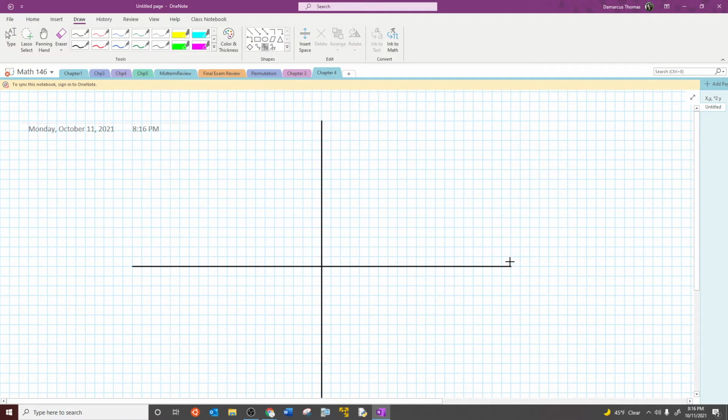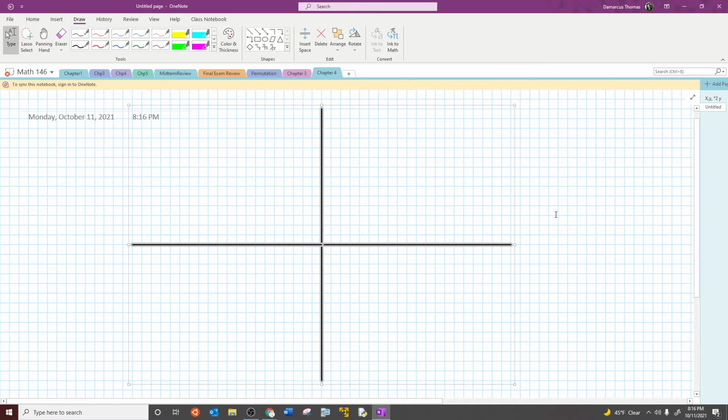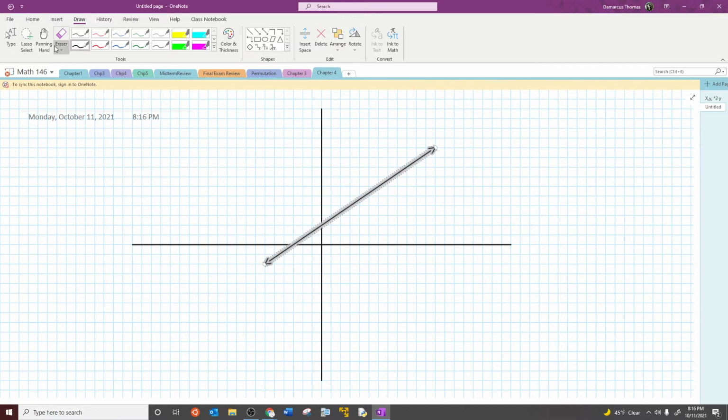If we have some graph and some line here, and we also have a bunch of dots, some dots will be on the line, some will not.